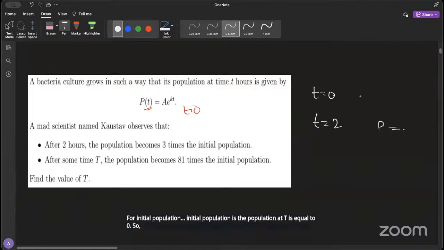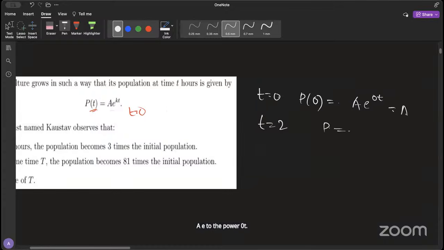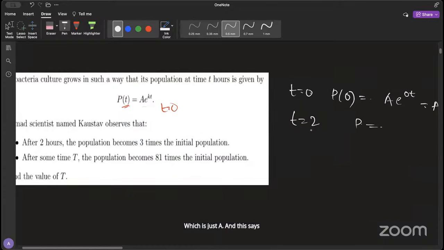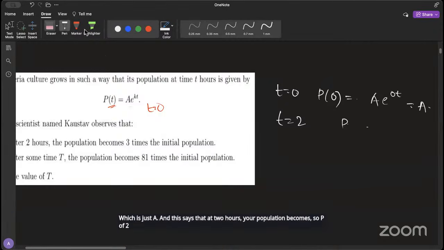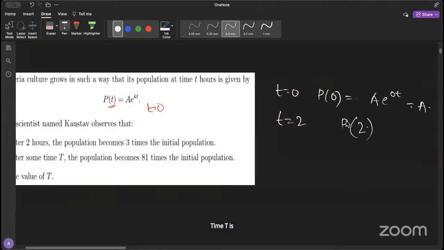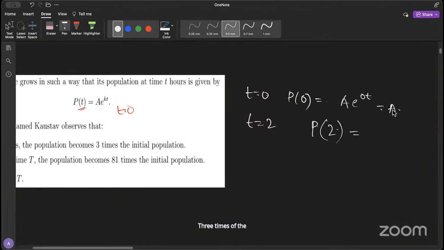So when you put t equal to 0, your P of 0 will be a e to the power 0t, which is just a. And this says that at 2 hours, P of 2, your population becomes 3 times the initial population. So the initial population is a and 3 times of it will be 3a.